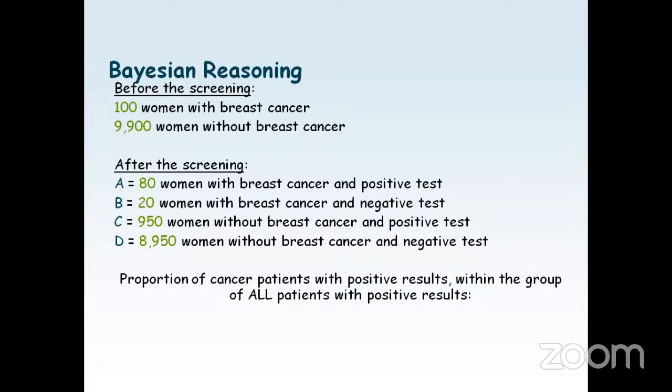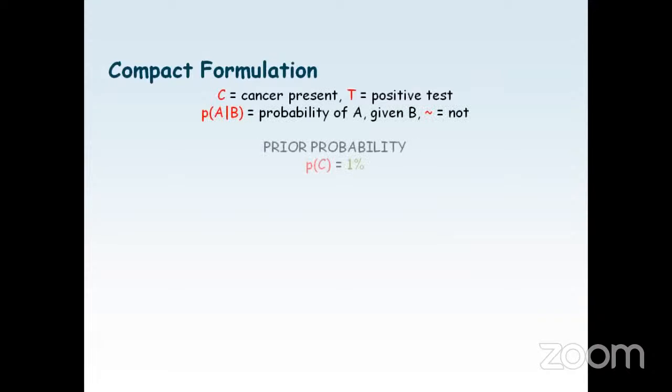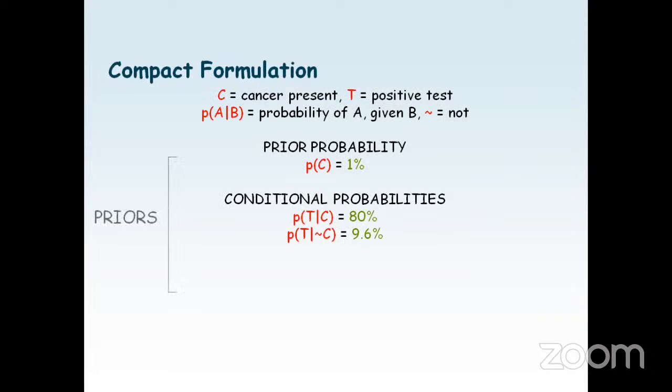So the proportion of the cancer patients with positive results within the group of all patients with positive results, based on the formula. So here comes your conditional probability.